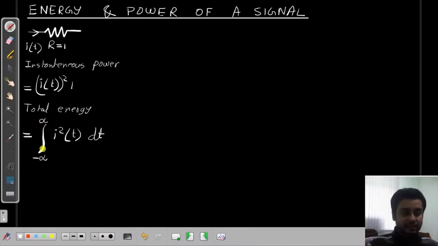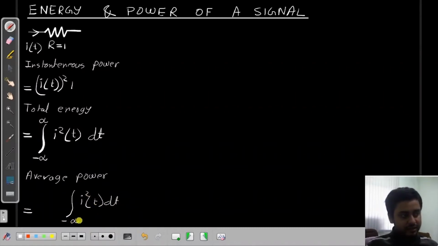That is throughout the time span we can imagine. Now this is the total energy, and therefore we can calculate average power, which will be the total energy divided by the total time.